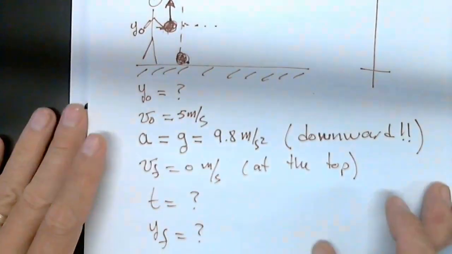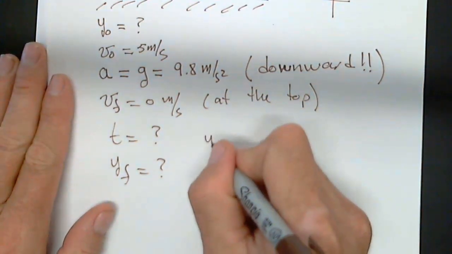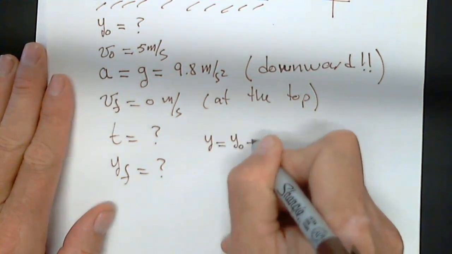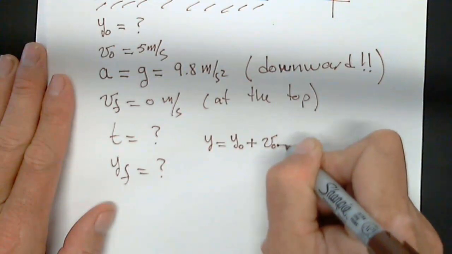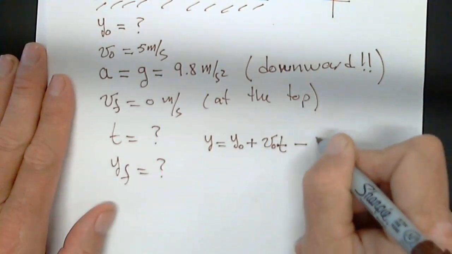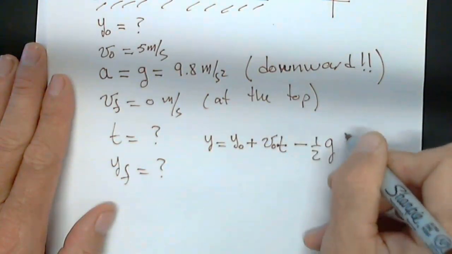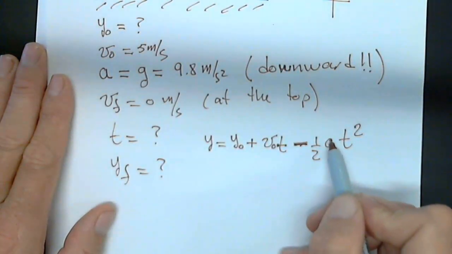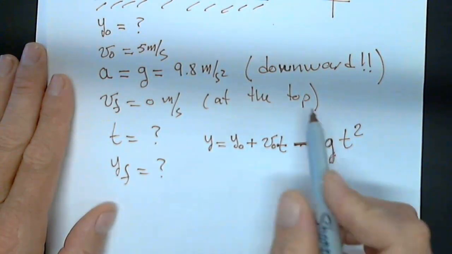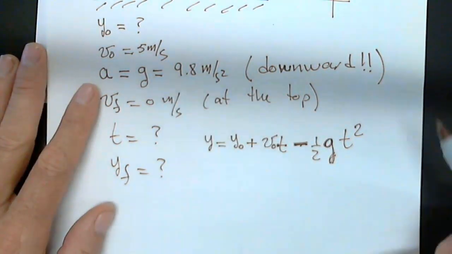These are the kinematics equations, but instead of putting x, you put y, and you put this minus here because the acceleration is negative and the magnitude of the acceleration g is 9.8.